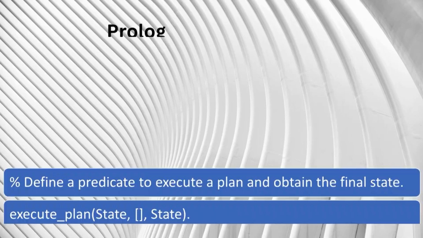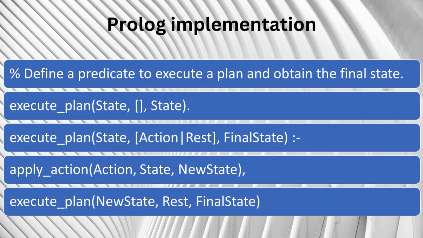Define a predicate to execute a plan and obtain the final state. Execute plan, state, empty list, then state. Execute plan, state, action, rest, comma, final state, which implies apply action, action, comma, state, new state, then execute plan, new state, comma, rest, comma, final state.